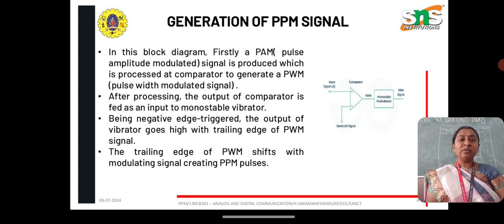In the generation of pulse position modulation, the signal produced is processed at the comparator to generate a pulse width modulation signal. After processing, the output of the comparator is fed as an input to the monostable vibrator. Being negative edge triggered, the output of the vibrator goes high with the trailing edge of the pulse width modulation.